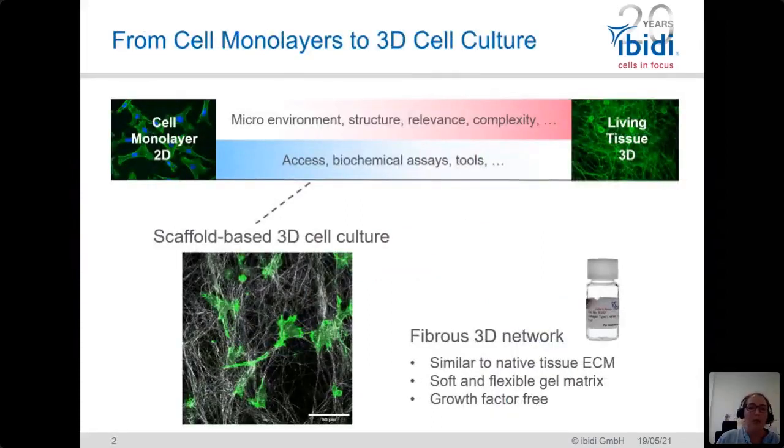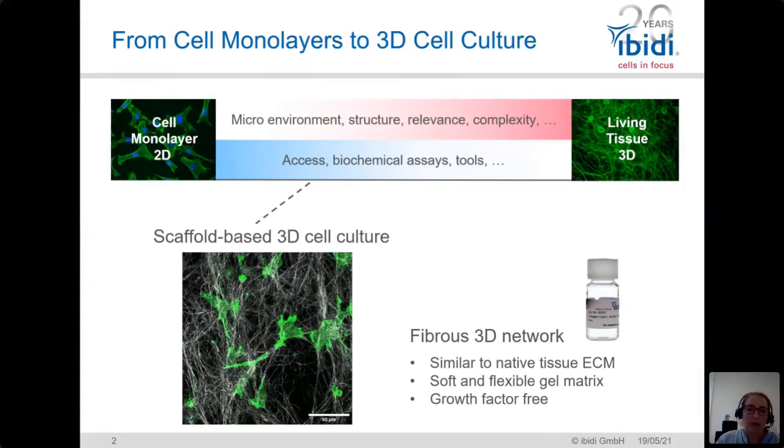So why is it important to study cells in 3D, and why do we want to design products for 3D cell culture? 3D cell culture is more physiological compared to two-dimensional cell culture, where cells grow on a flat surface. And especially for some applications, it is important to study the cell interaction in 3D.